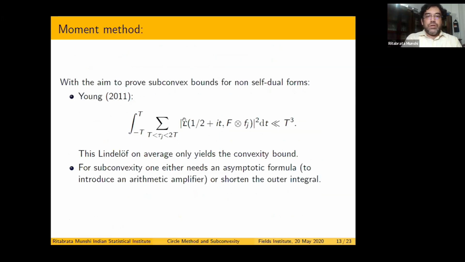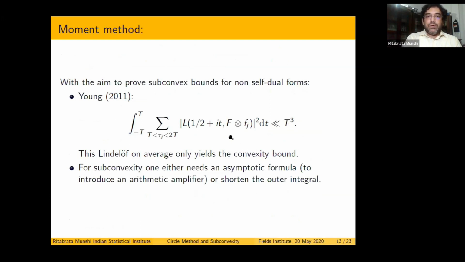So in that direction, Matthew Young looked at the second moment. So he's taking the absolute value squared, and now they're all non-negative. He computed the second moment over some family. Here the spectral parameters of f_j are varying between t and 2t, and it's integrated from minus t to t. He could prove that this is bounded by t to the power 3.